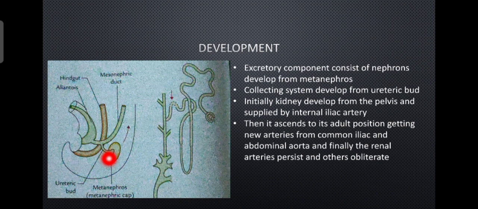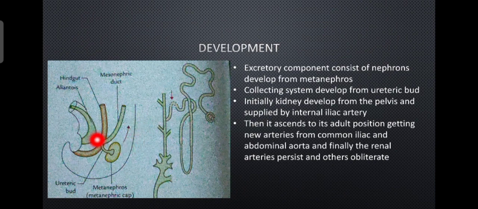From this metanephric cap the nephrons develop, and we have the collecting system, which is the ureter. The ureter develops from the ureteric bud of the mesonephric duct and joins with the metanephric cap. The metanephric cap is the primitive kidney, and the ureteric bud is the primitive ureter. So the two join together and form the functional kidney.